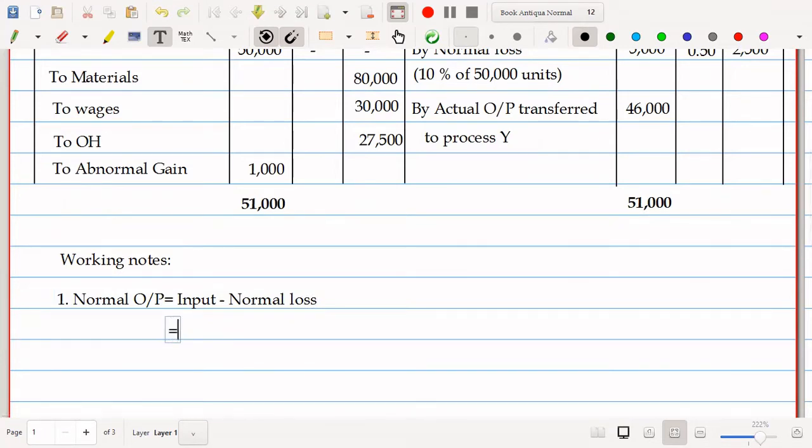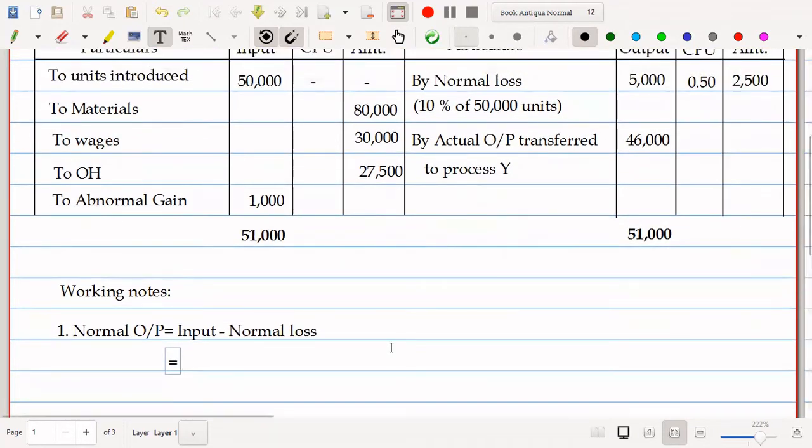So let's put the figures here. What was the input? Input was given in the column. Input was 50,000 units, minus what was the normal loss? Normal loss was 5,000 units. So when we deduct this, it comes to 45,000 units.